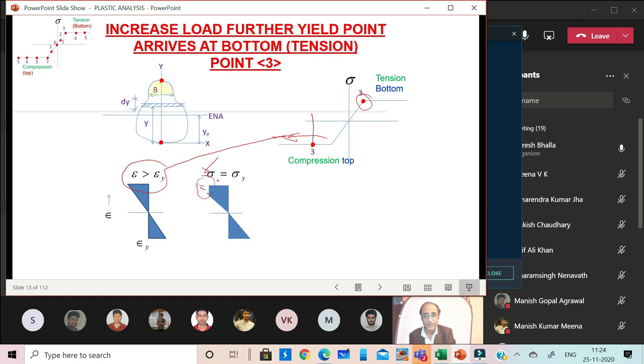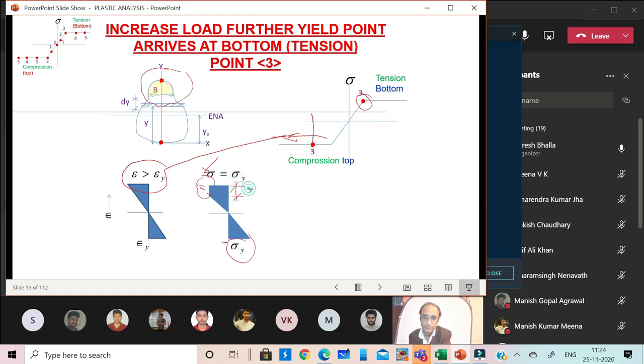So here we have reached the yield stress now. At the bottom we definitely have yield stress, but at the top we have a particular height of the section starting from the top where there is no further increase in the stress. So basically this shaded zone is the zone where we have full plastic region.